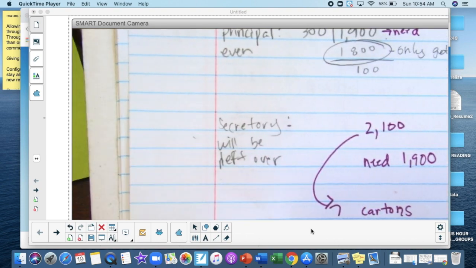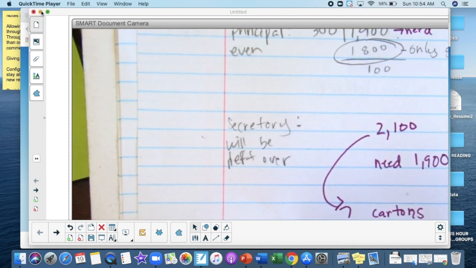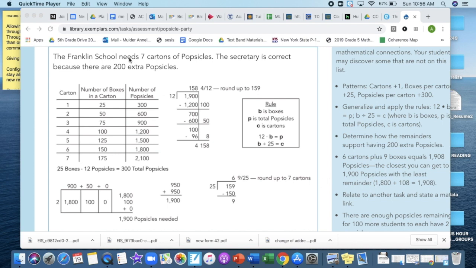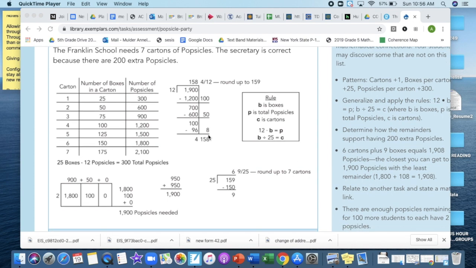I want to show you another strategy of how this was done with the same problem. They used a table, which I thought was a very clever way. So they know if they got 1 carton, they would get 25 boxes and they would get 300 popsicles. And if they got 2 cartons, so we're just doubling, doubling, doubling.